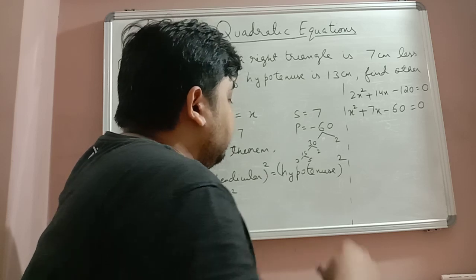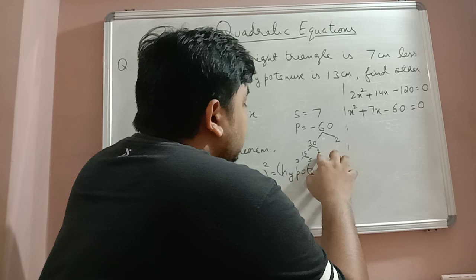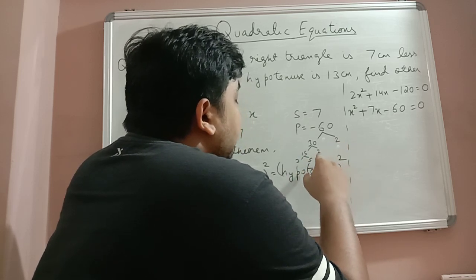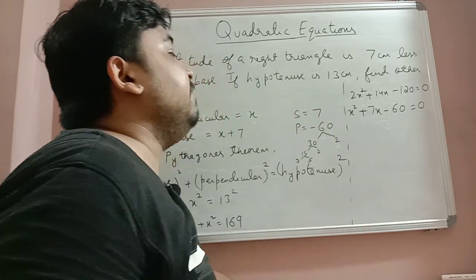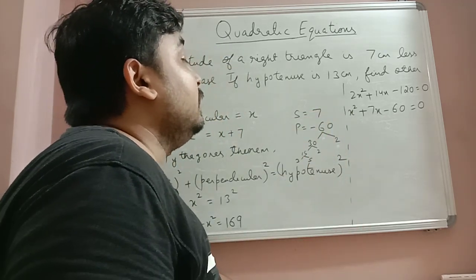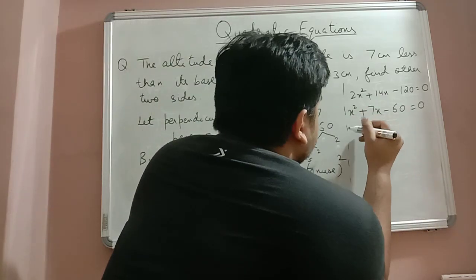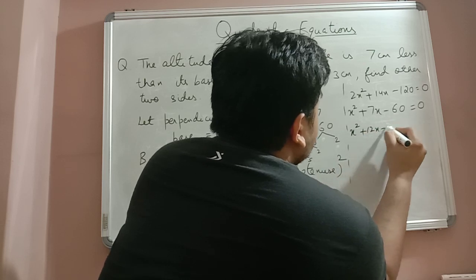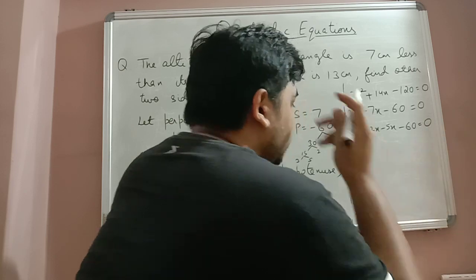Now let's take up 3 combined with 2 into 2, that is 4. 3 4s are 12, and we are left with 5. 12 and 5 gives me 7. So the numbers are 12 and minus 5. So here I will split this 7x as 12x minus 5x minus 60 equal to 0.